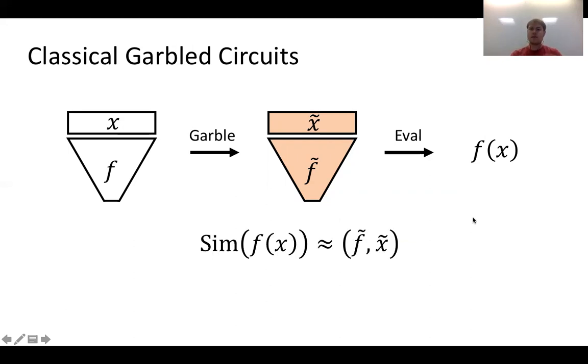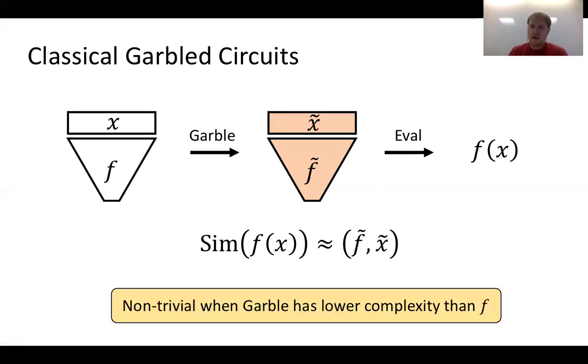Security intuitively states that this garbled information only contains information about f of x, and this is formalized by saying there's a simulator that, given just f of x but not x, can produce something indistinguishable from this garbled information. This is only non-trivial when garble is simpler or lower complexity in some sense than f. Otherwise, garble could just evaluate f already, right? But when garble is sufficiently simple or efficient, then this object has many applications.